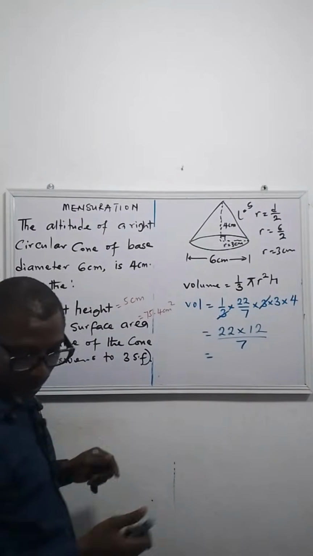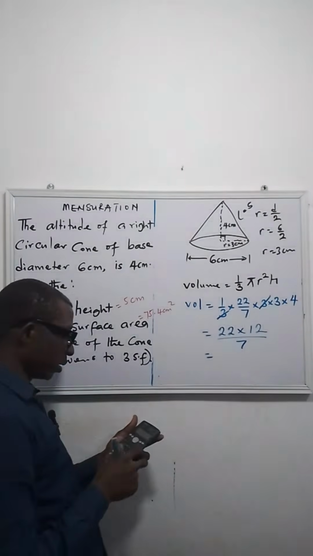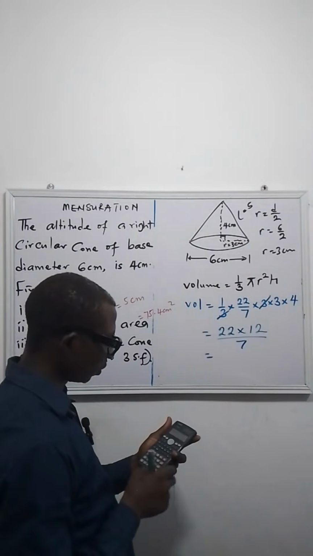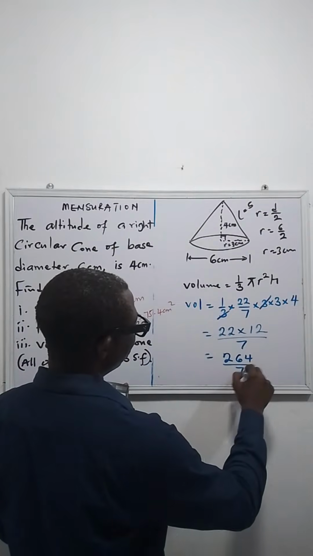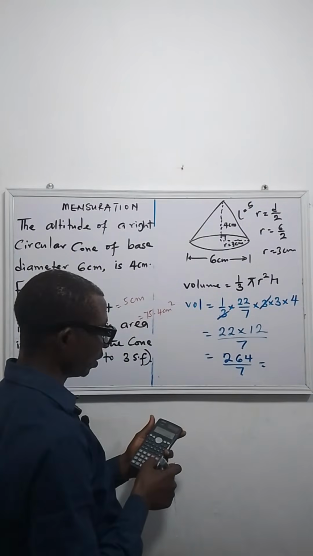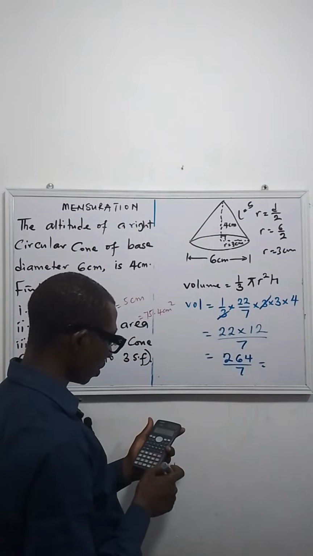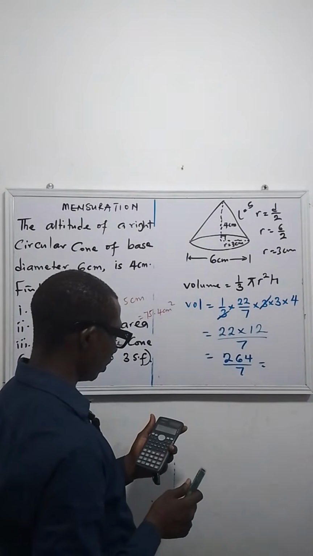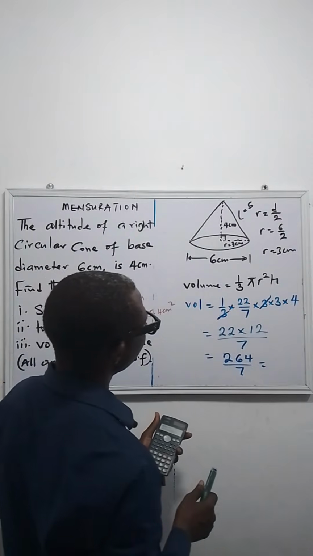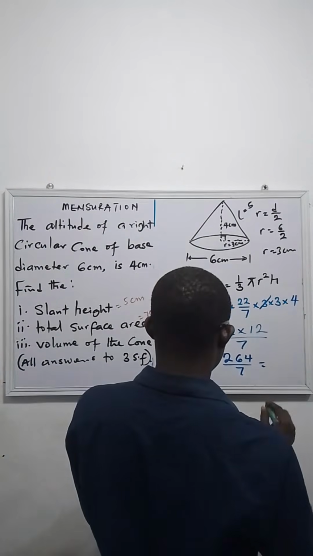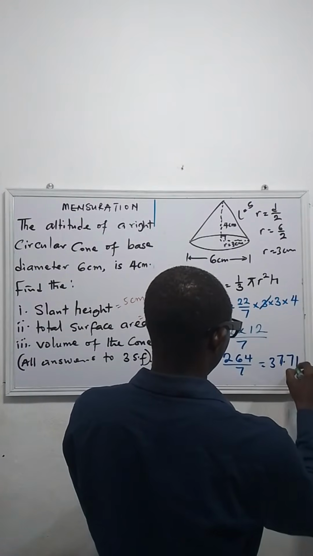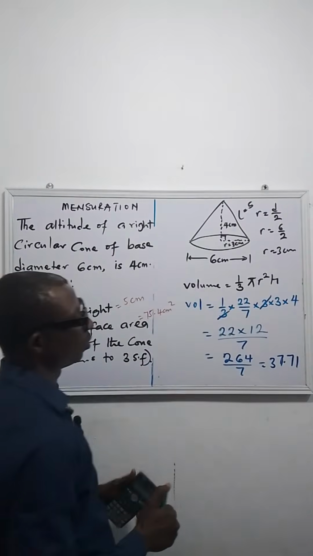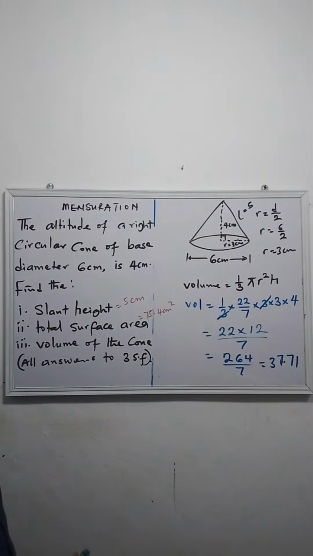When you do that, for the numerator 22 times 12, you have 264 over 7. And when you divide that by 7, what you have now is 37.71. That's what you're going to have.